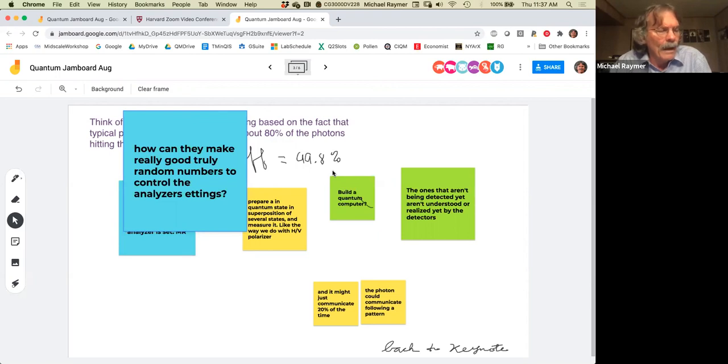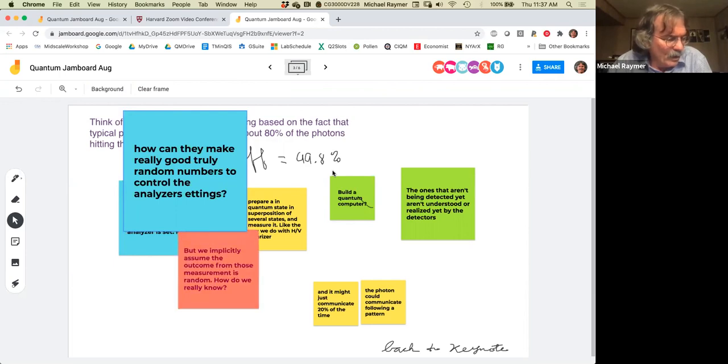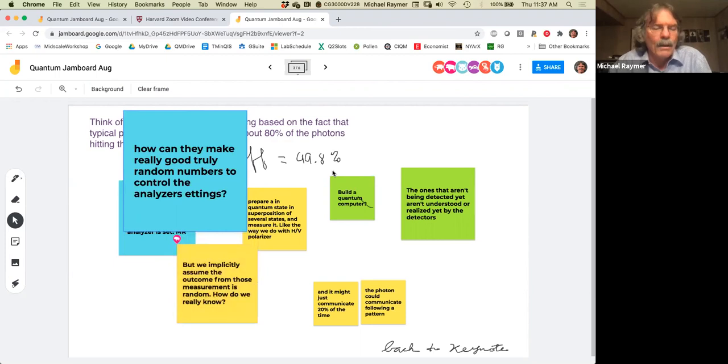Okay. However, maybe the random number generator could observe the incoming photon somehow because it's inside the lab. It could look at the photon and somehow sense what its quantum state is, and then it could create its random number, not randomly, but according to a conspiracy rule.